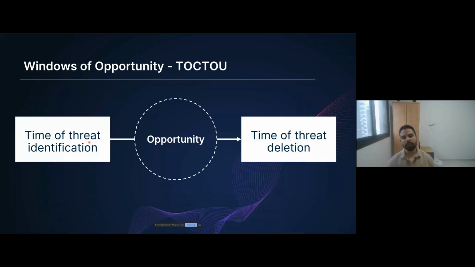But between these two events, there is a potential gap that I myself identify as an opportunity to maybe use junction points to point the EDR towards a different path while it still thinks that it deletes the original path. These kind of vulnerabilities are usually classified as TOCTOU vulnerabilities, which stands for time of check and time of use. But in this case, something more suitable will probably be time of check and time of deletion.